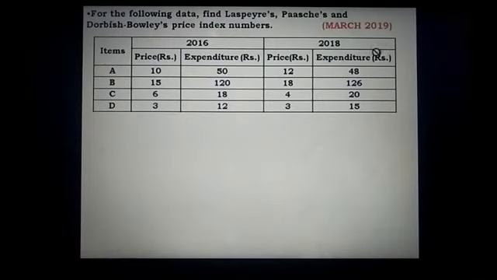And then in March 2019, for the following data, find Laspeyres', Paasche's and Dorbish-Bowley's price index numbers. We need to be very, very careful, students, while observing the question, whether price index number or quantity index number has been asked for calculation. Accordingly the solution must be, otherwise we may feel that we have attempted the 10 mark question and 10 marks are in our pocket.